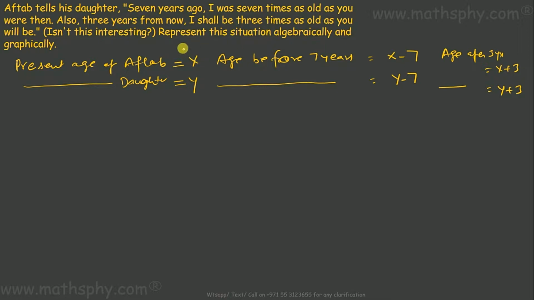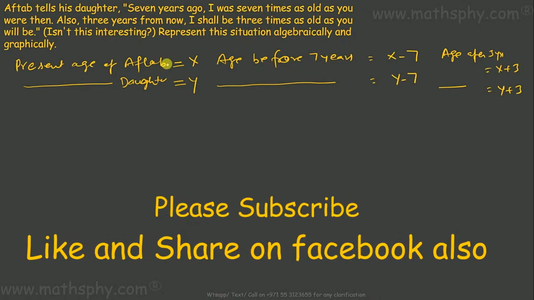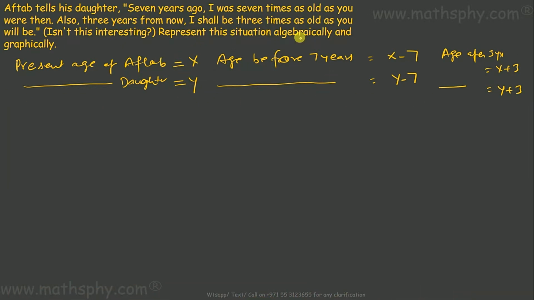So if current age is say x and y, before 7 years, Aftab's age would be x minus 7. Before 7 years, daughter's age, y minus 7. From current age, after 3 years, x plus 3, y plus 3. Now, it says 7 years ago, Aftab's age was 7 times more than daughter's age.